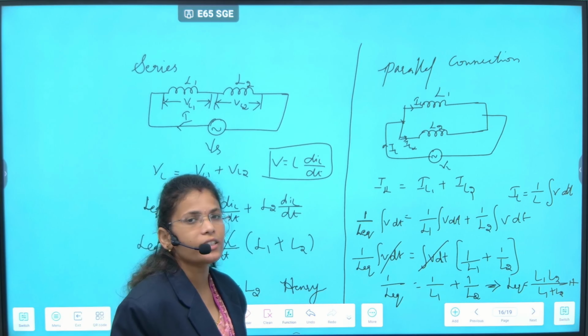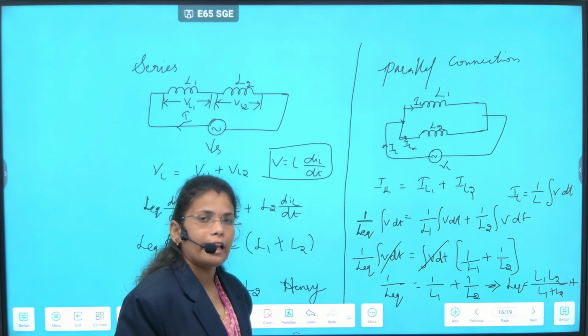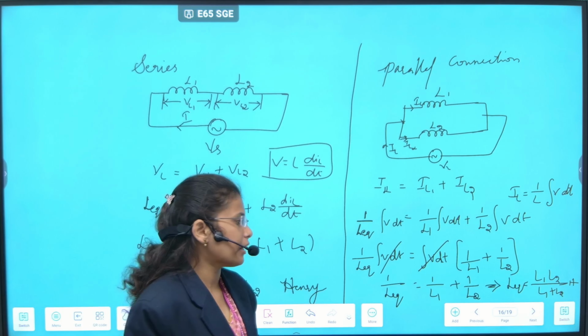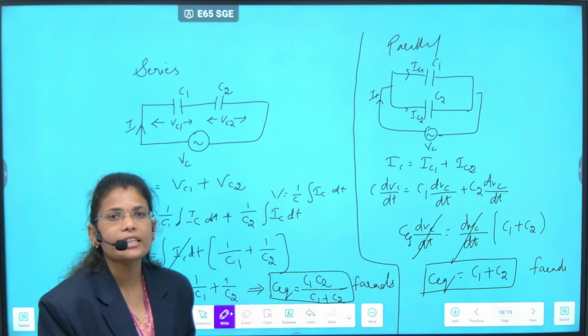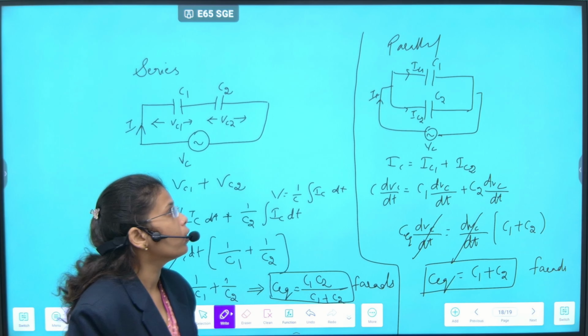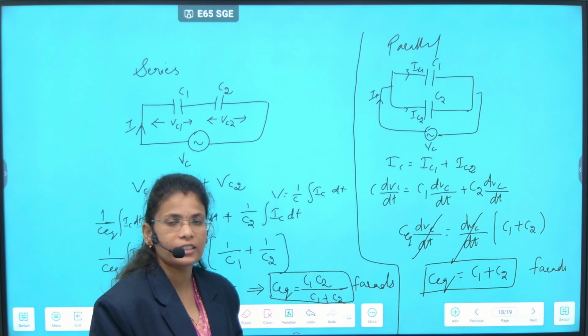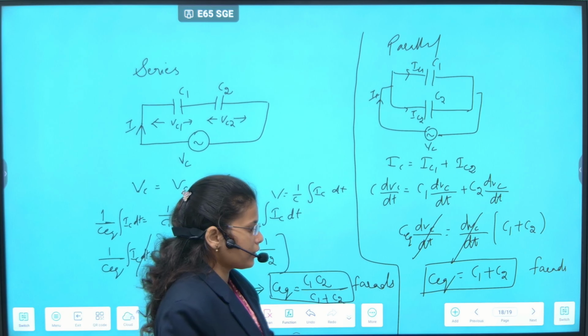When two inductors are connected in parallel, L equivalent is L1 L2 by L1 plus L2. When two capacitors are connected in series, C equivalent will be C1 C2 by C1 plus C2. When two capacitors are connected in parallel, C equivalent will be C1 plus C2.